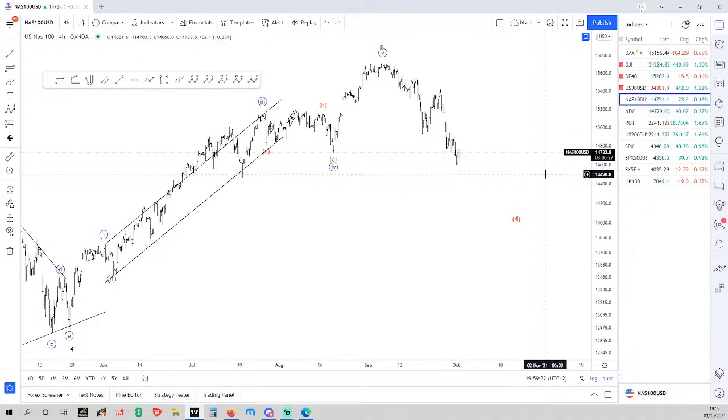I don't know if you guys know this. So usually, if Friday is bullish, Monday will also be bullish. Historically, it usually happened this way.